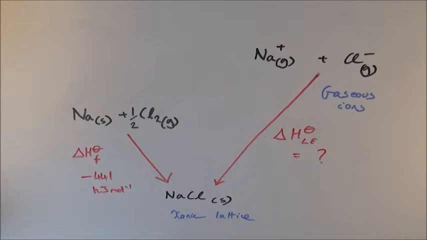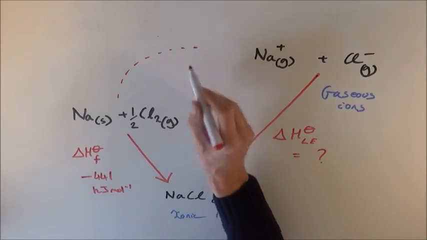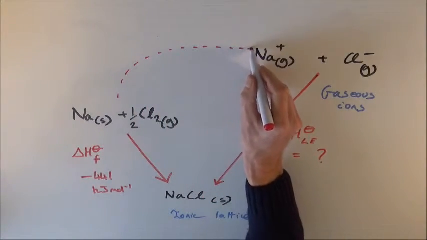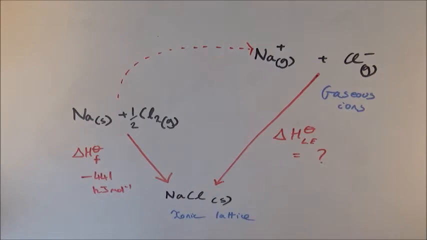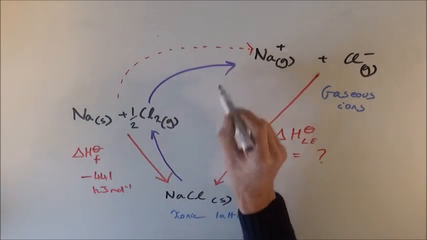So the way we can complete this cycle is we can find another route, another connection from the elements in the standard states to the ions in the gaseous state, and the route we would be taking is we would go up there and up there.